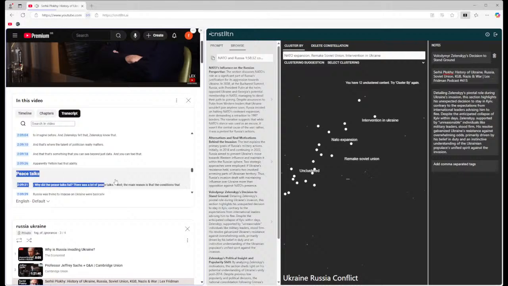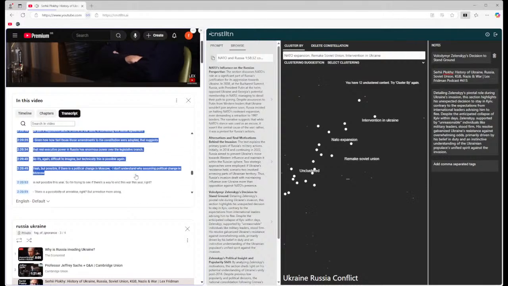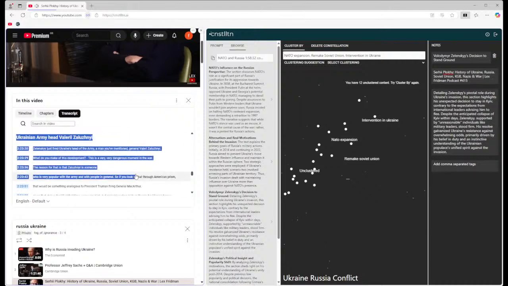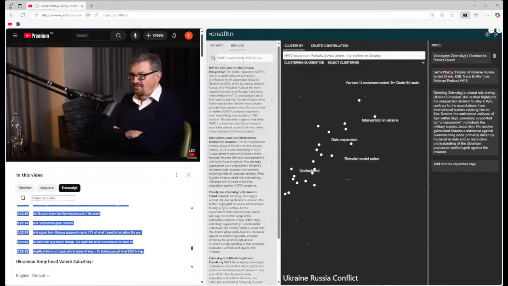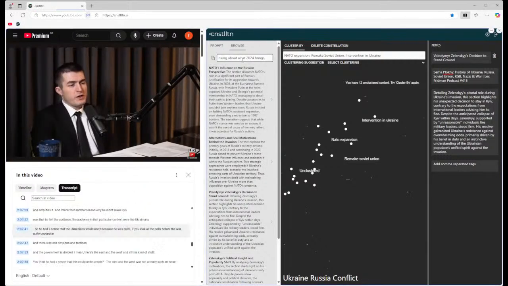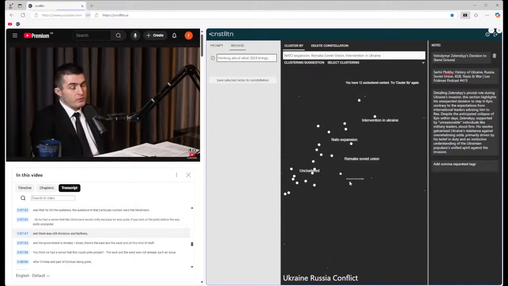And I think that another reason why he didn't leave Kyiv was that he felt the audience. The audience in that particular context were the Ukrainians. So he had a sense that the Ukrainians would unify, because he was quite, if you look at the polls before the war, quite unpopular.